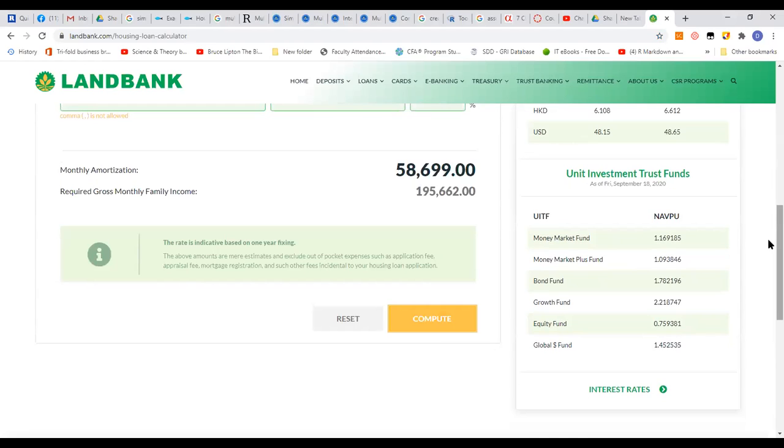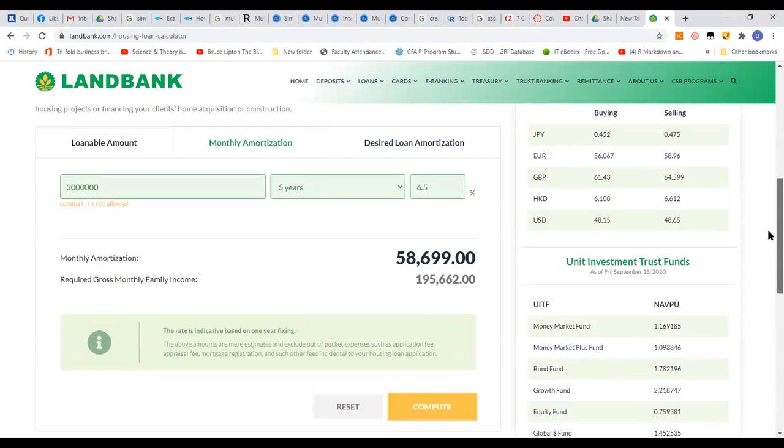Compute. Ayan, no? 58,698. Kita mo? Yes, sir. Rounded off na niya. Okay, so that's what it will be paid, 58,699. Parehong-pareho dito. Excellent. Okay, 58,699. Rounded off na niya to the nearest peso.